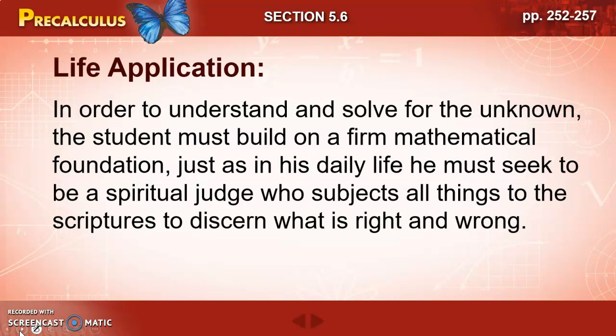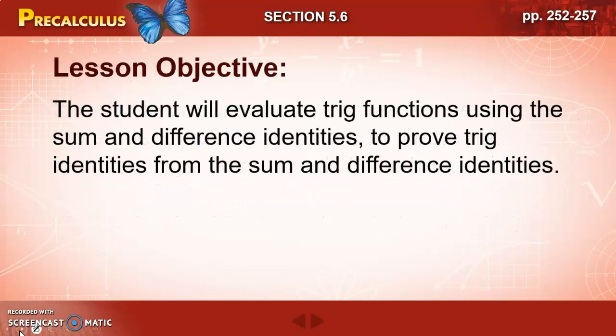We need to understand that spiritual truths are just like mathematical truths. They have been proven time and time again through life experience and the lives of different people, and we need to base our decisions and the next steps of our lives on these things that are absolutely true in His Word, and we can refer to the scriptures for those absolute truths.